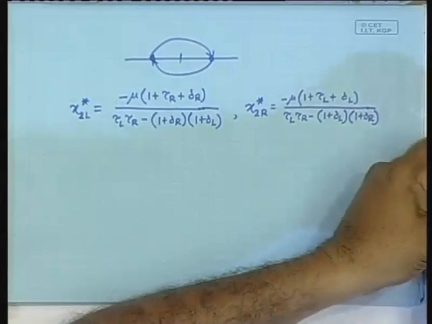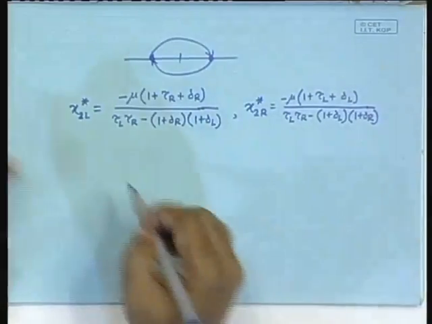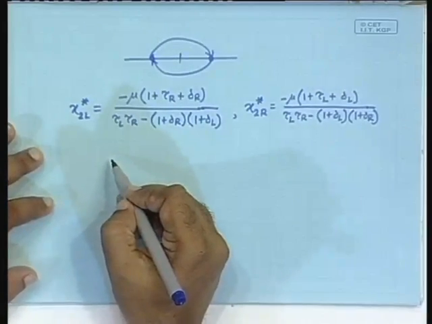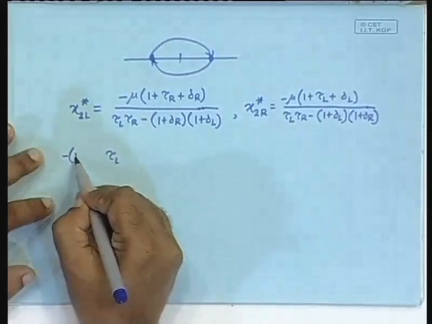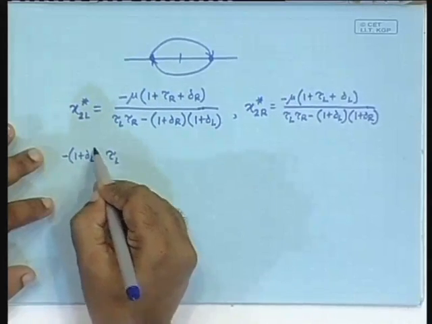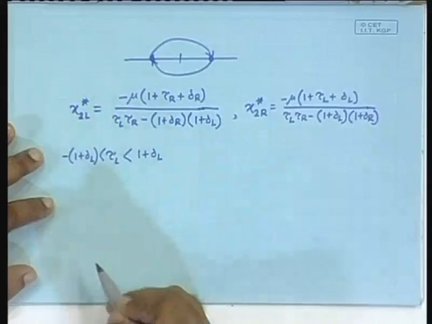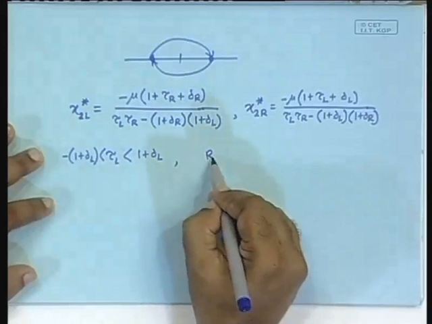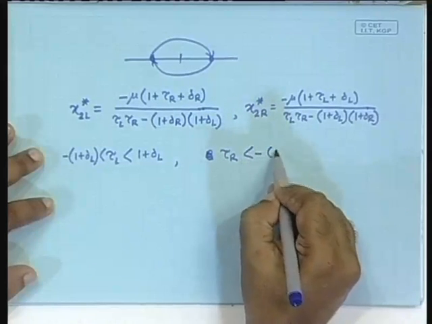I am considering the situation here, which means my tau L is between minus 1 plus delta L to, and tau r is less than minus.